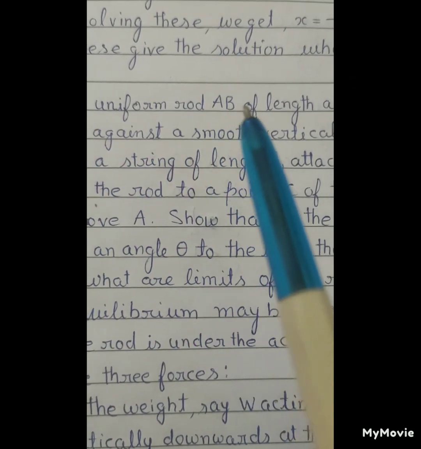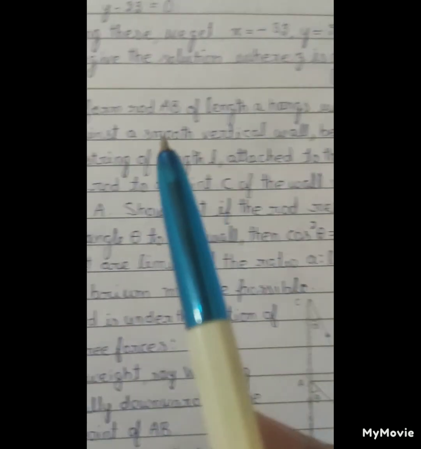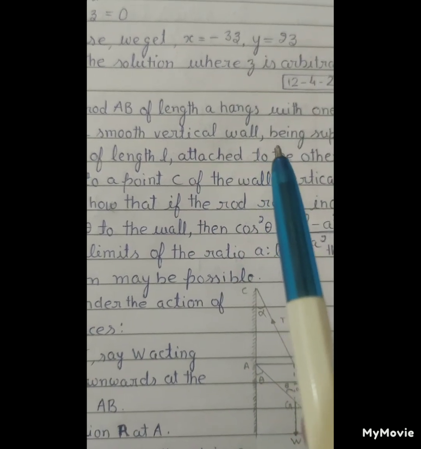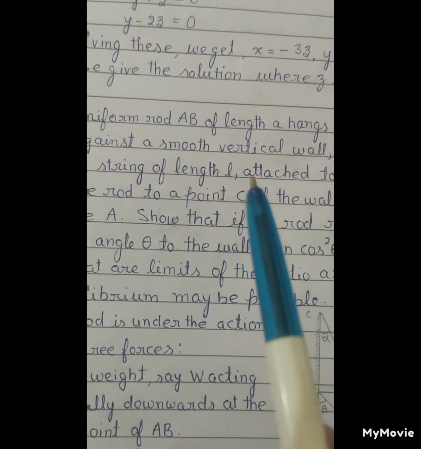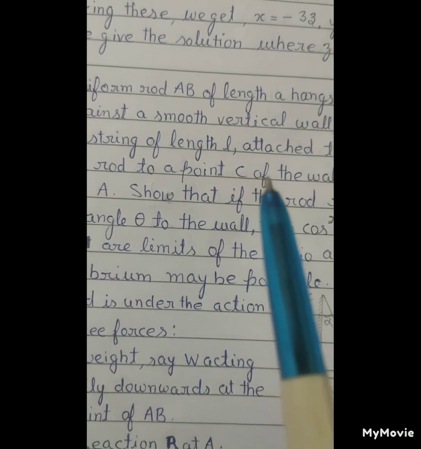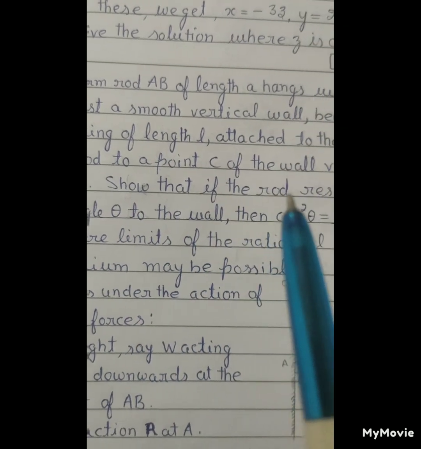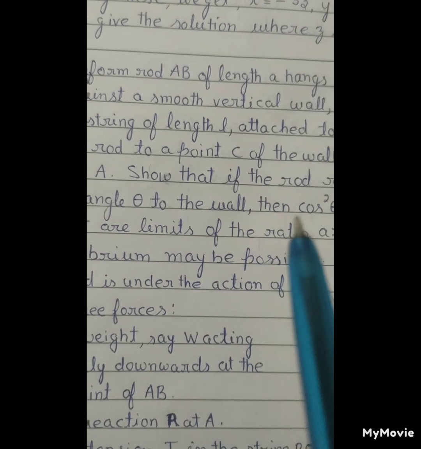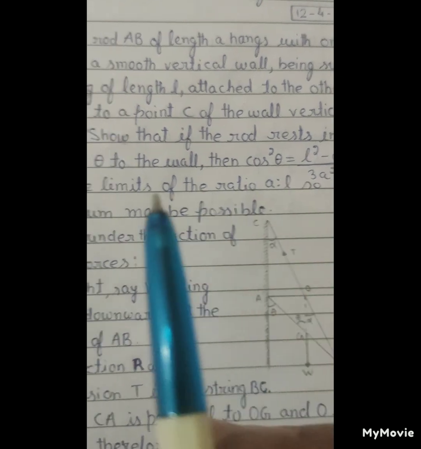Example: a uniform rod AB of length A hangs with one end A against a smooth vertical wall, being supported by a string of length L attached to the other end B of the rod to a point C of the wall vertically above A. Show that if the rod rests inclined at an angle theta to the wall, then cos square theta equals L square minus A square upon 3A square.